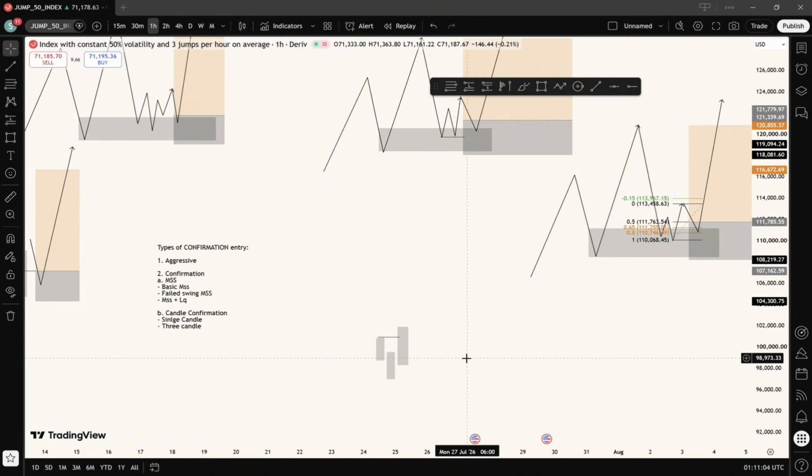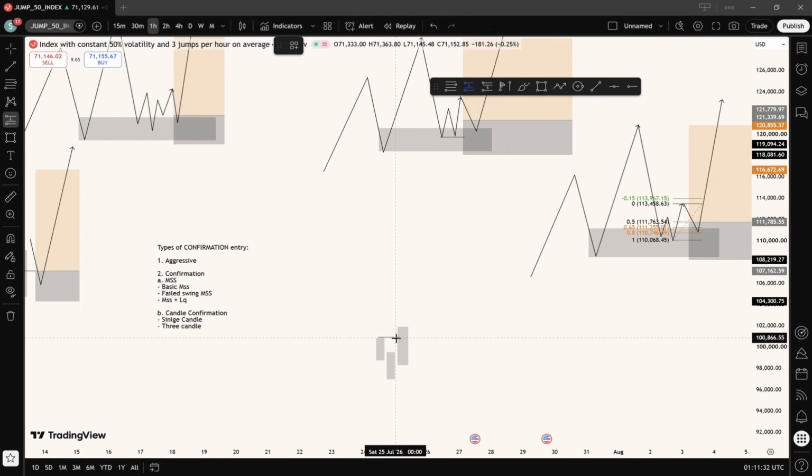Now I'd like to see this 3 candle confirmation either on the 30 minutes time frame or 1 hour time frame, but most times 30 minutes time frame. And if you want to go down to 15 minutes, no problem, but me, I use 30 minutes and 1 hour because it's strong, you understand. So see price fall back to this zone.